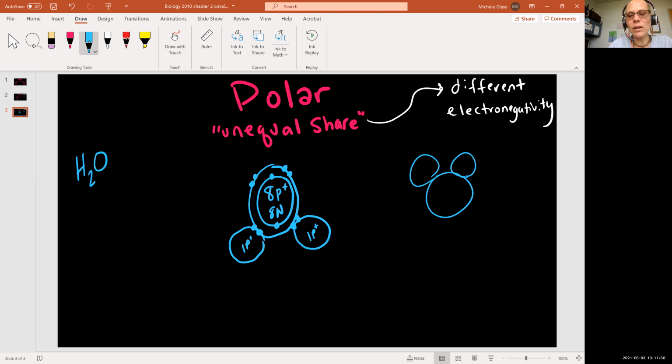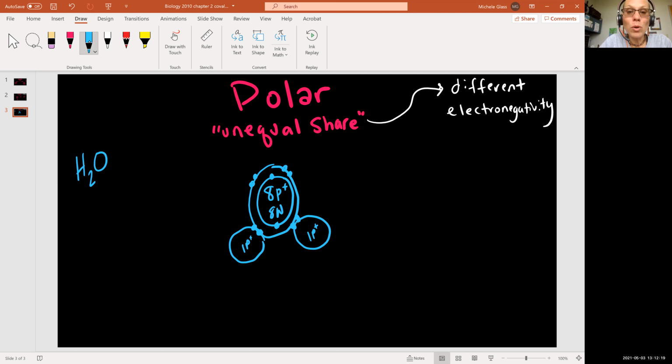What we're seeing here is that the electrons that are being shared are way more attracted to that oxygen. That oxygen has an atomic mass of 16 and hydrogen has an atomic mass of 1. So these electrons are like, oh my goodness, I would much rather hang out with that nucleus that has 8 protons. The mass of that nucleus has a greater pull on those electrons.